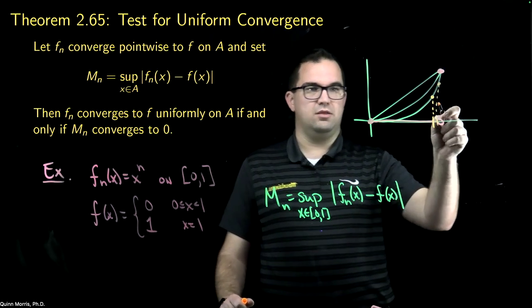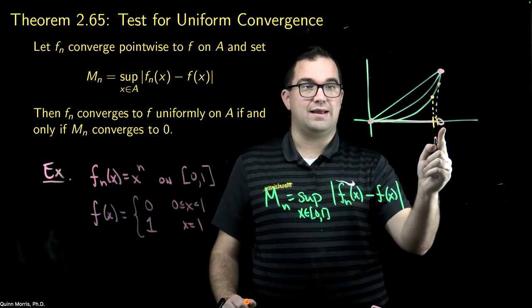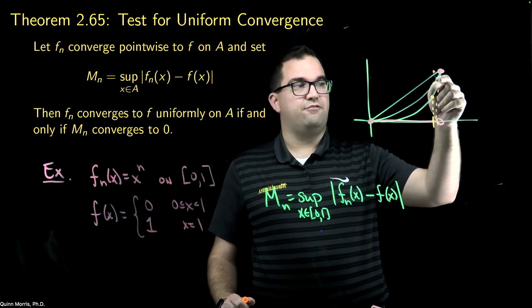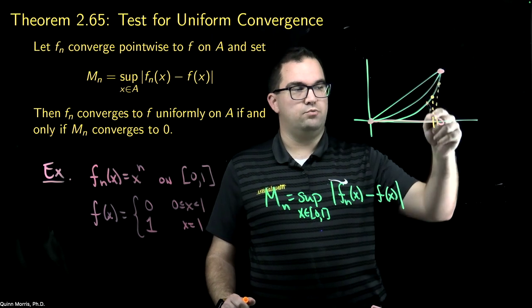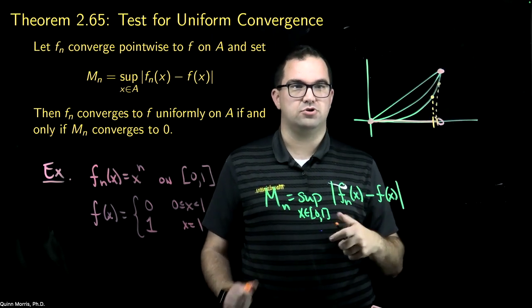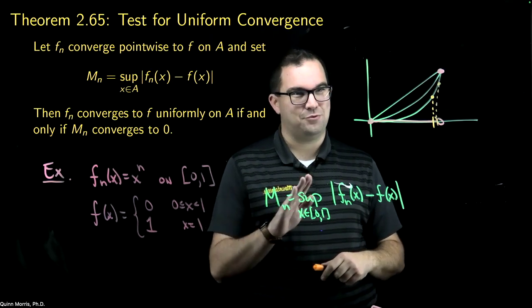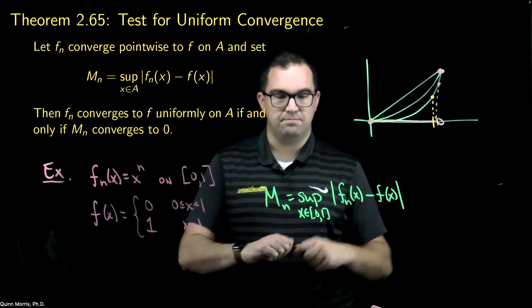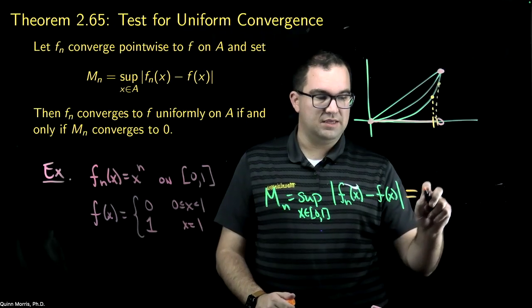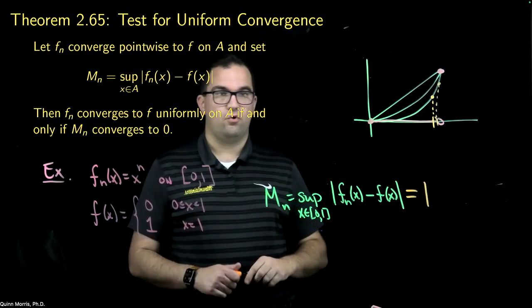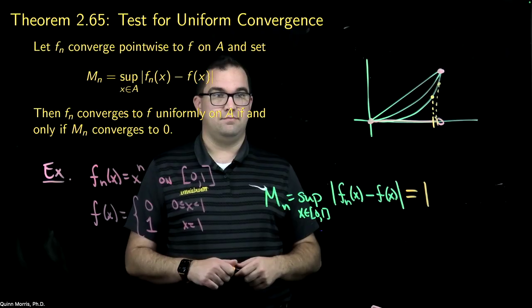And I go over even a little bit more and a little bit more, and I'm never quite getting to 1, but the difference between my function value and the value of the limit function is as close to 1 as I would like. Never actually equal to 1, but as close to 1 as I would like. So this supremum is actually 1 for every natural number n.